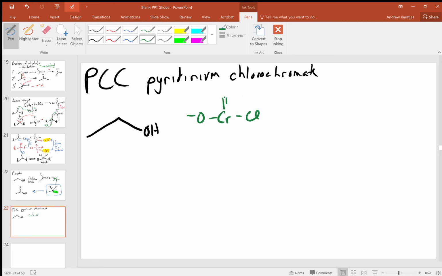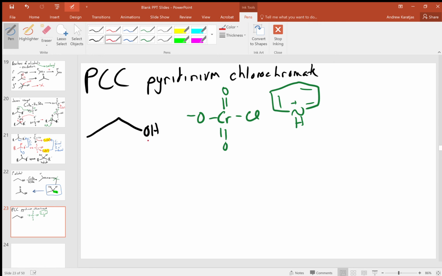Now, the mechanism I'm about to show you here is the same mechanism for primary or secondary alcohols. We're going to do this one with a primary alcohol, but we could just as easily do it with a secondary alcohol.